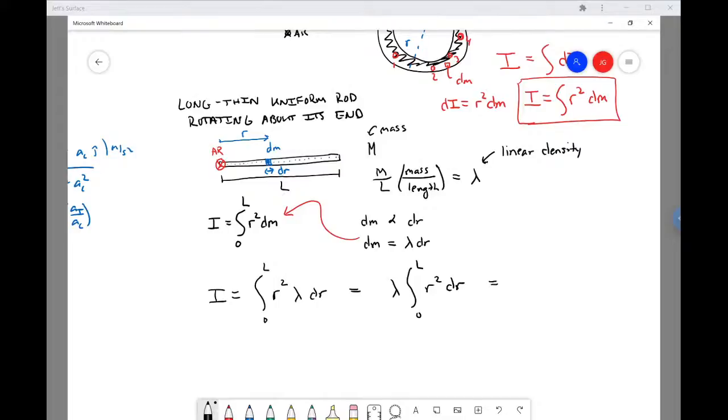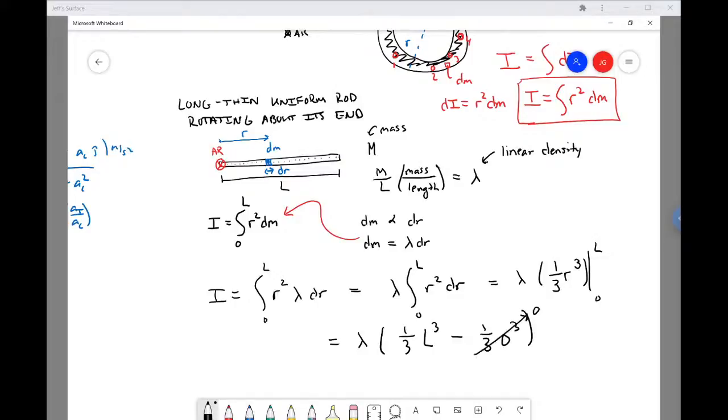So what's the integral? It's just a polynomial, a monomial, just one term. In the integral of r squared, you increase the exponent by 1 and then divide by the new exponent. So you get 1/3, and then you got to evaluate on this interval 0 to L. So that's going to be equal to lambda times 1/3 L cubed minus 1/3 0 cubed.